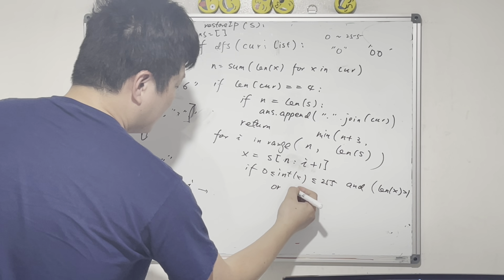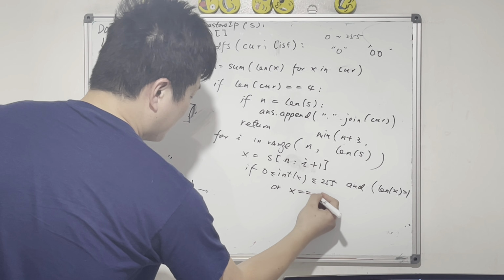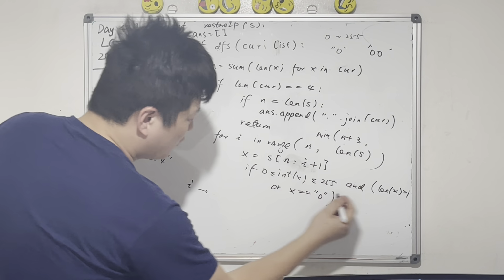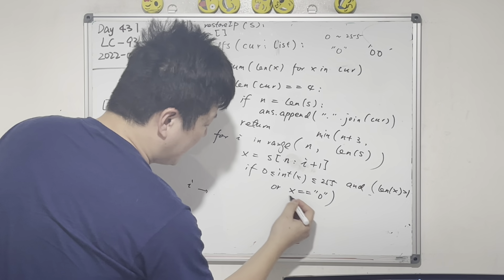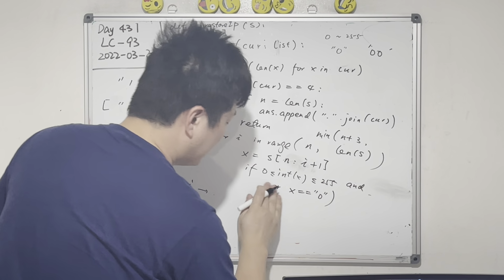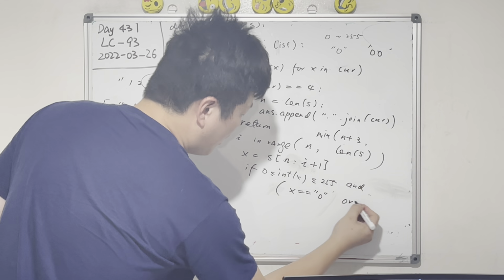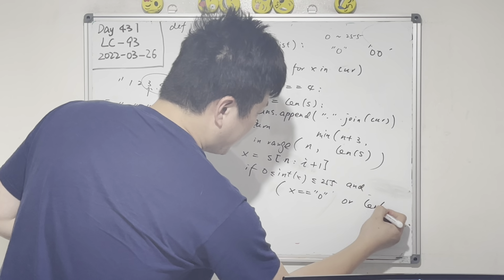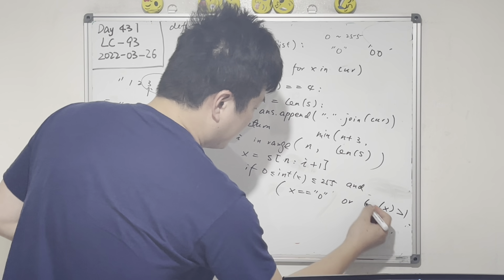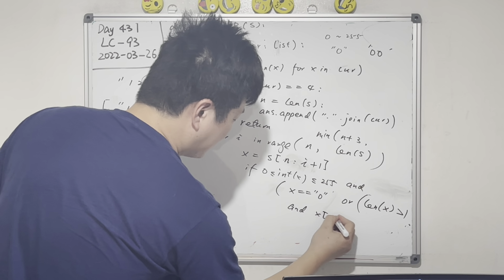So we have to check if the length of x is bigger than 1 or x equals 0. If it's 0, or if it's bigger than 1 digit, the first digit is not 0.